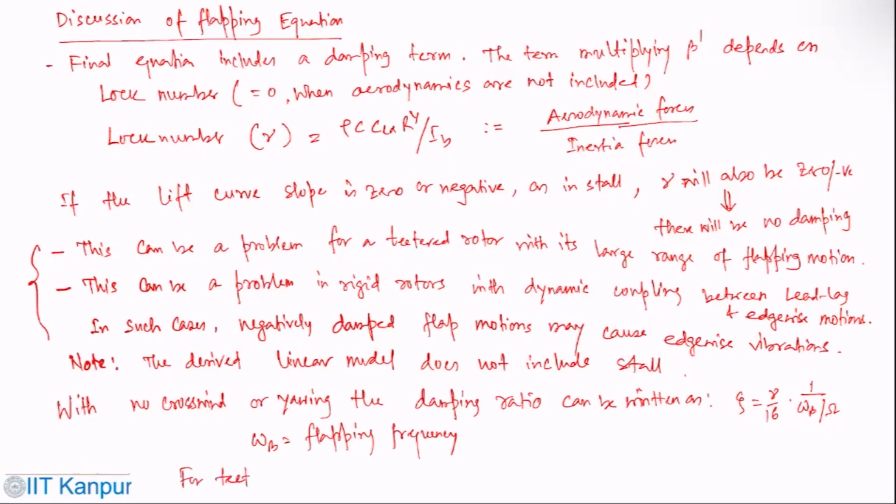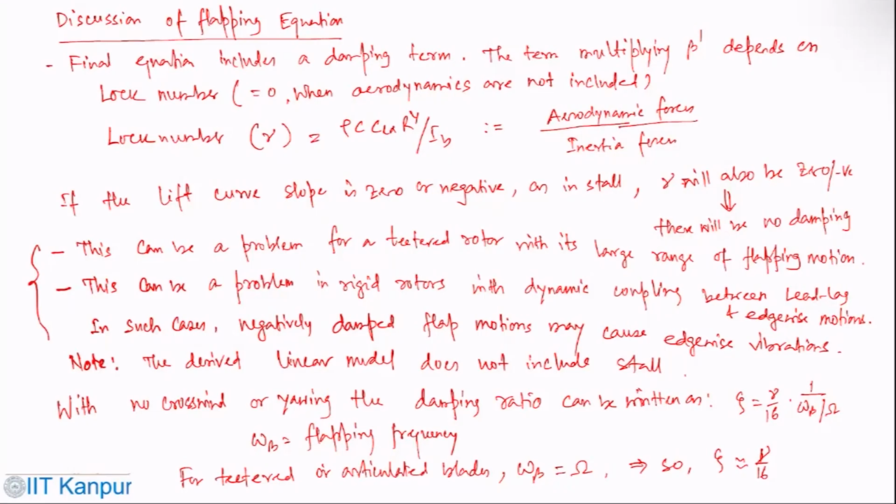For tethered or articulated blades, omega beta is omega. So this xi is approximately 1 by 16. Sorry, it could be gamma by 16. So this is what you can have.